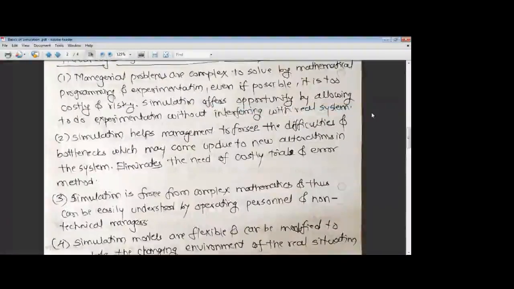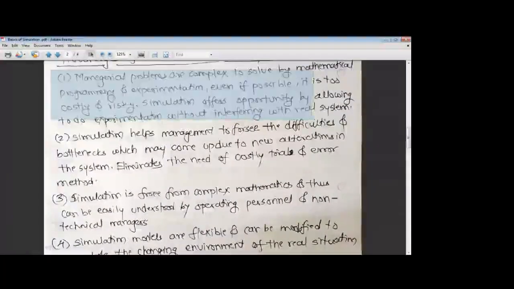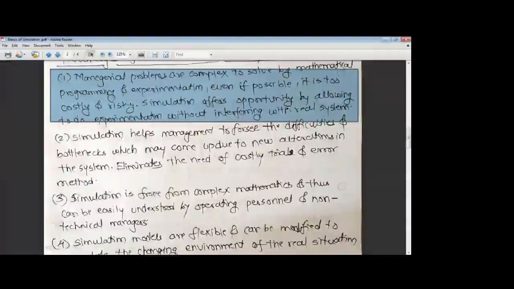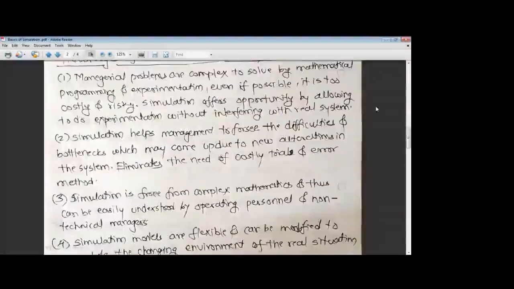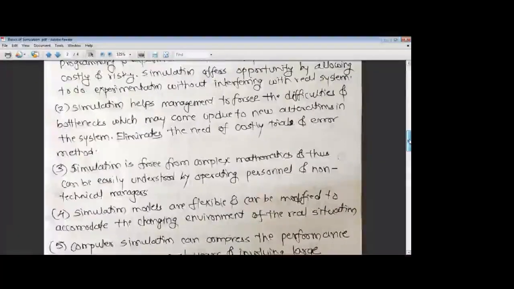The real system, which is my actual structure at a site, is not constructed. Still, I'm doing experimentation regarding that particular building, right? So simulation helps me by providing the opportunity to experiment without interfering with the real system. This is very, very important.